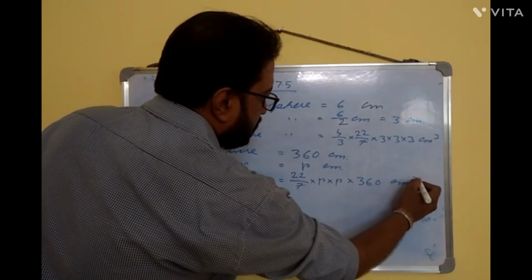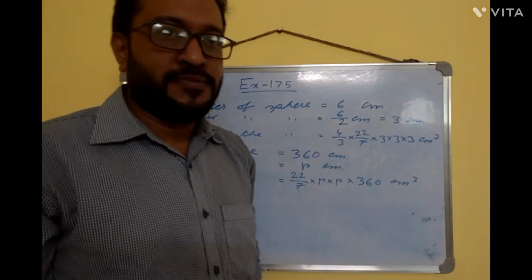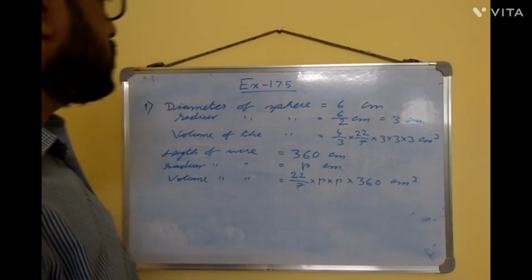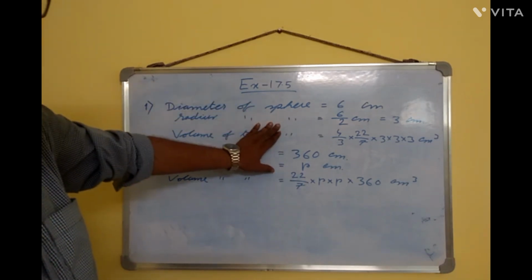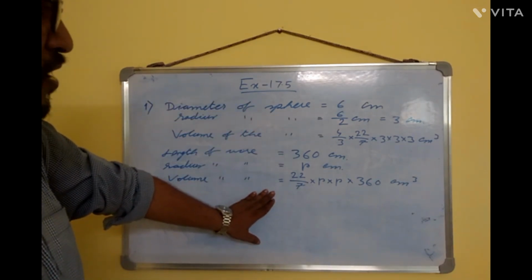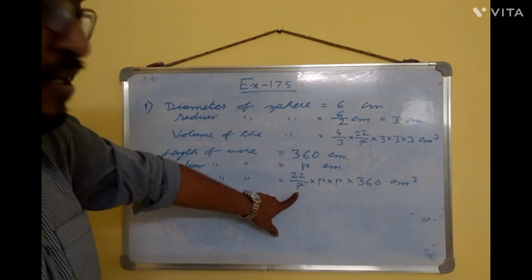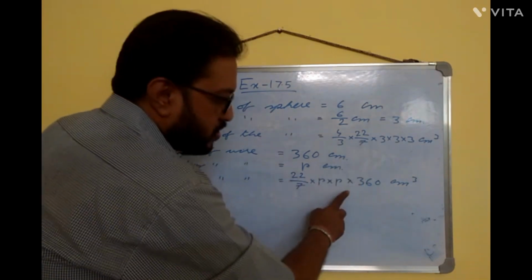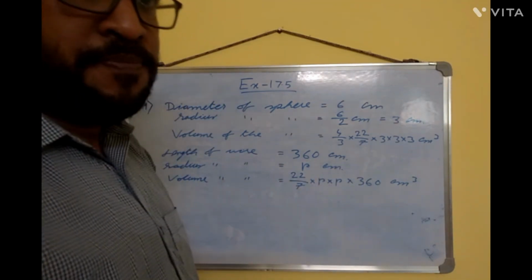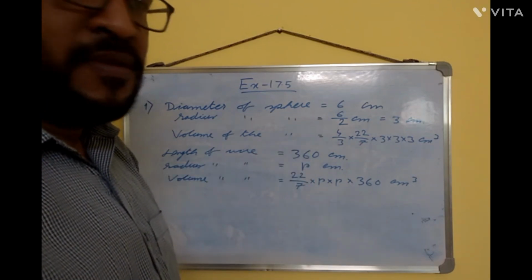Again see, I am not completing the calculation. Why? Because when I am melting the sphere and converting it into the cylinder, at that time, obviously both the volumes will be same, isn't it? In both the cases volume is same.